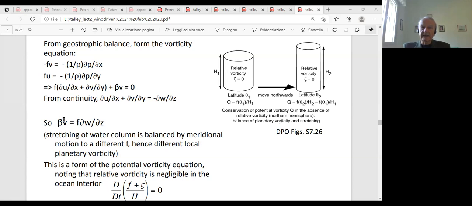This beta is df/dy, the change of the Coriolis parameter with latitude. So if you have the movement of the water column from north to south and vice versa, you end up having the vertical gradient of the vertical velocity.